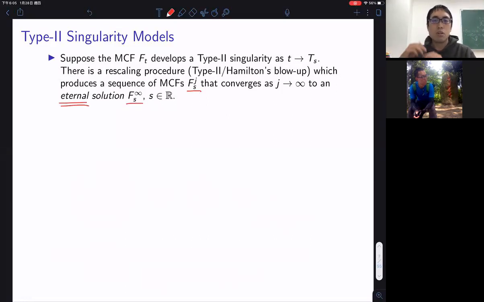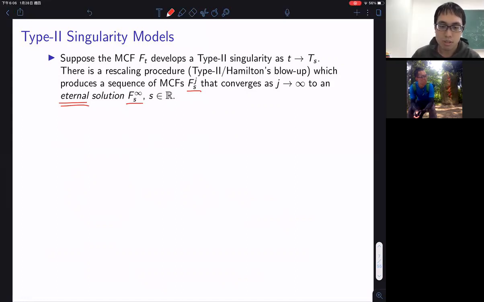So once you get a type 2 finite time singularity, you can use Hamilton's blow up, or type 2 blow up, to produce a limiting flow, which is an eternal solution to the mean curvature flow. That eternal solution basically tells you the infinitesimal structure near the singularity.